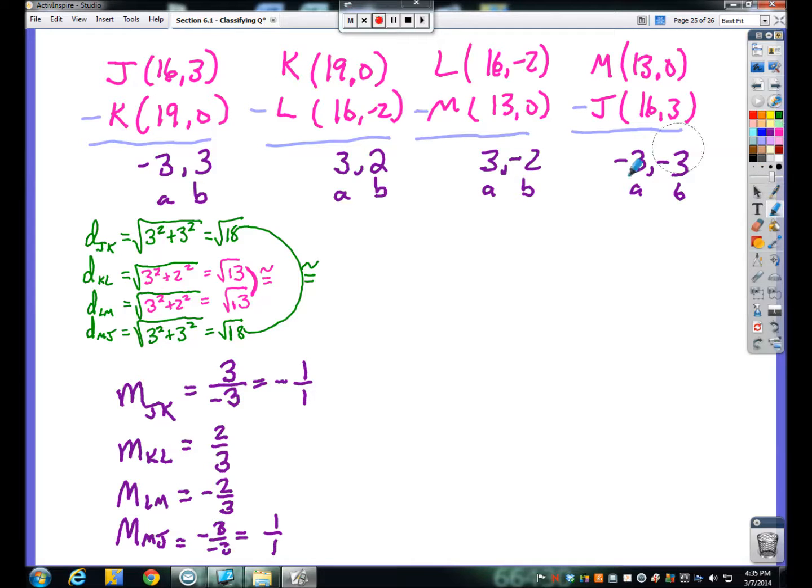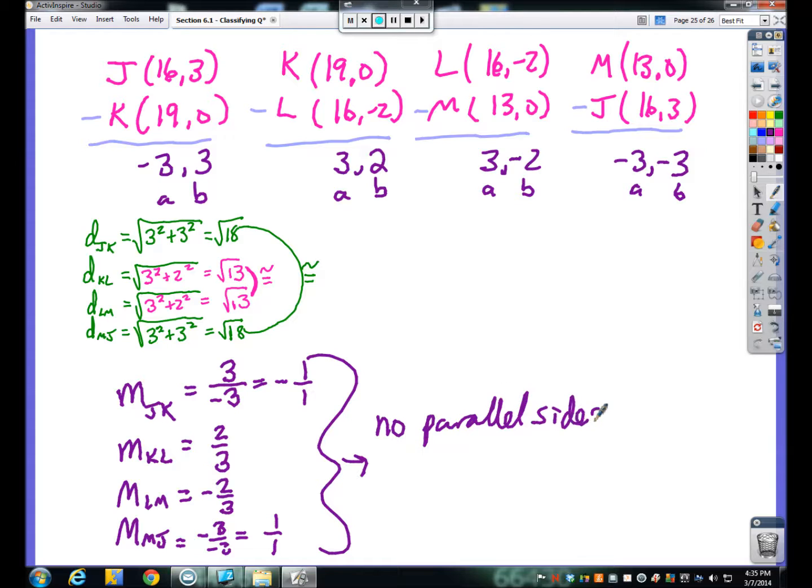Now, are there any equal slopes amongst our 4 slope values here? And no, we almost have some equal slopes, right? 2/3 and negative 2/3 almost, negative 1 over 1 and positive 1 over 1 almost. So we could clump these together and say no parallel sides.